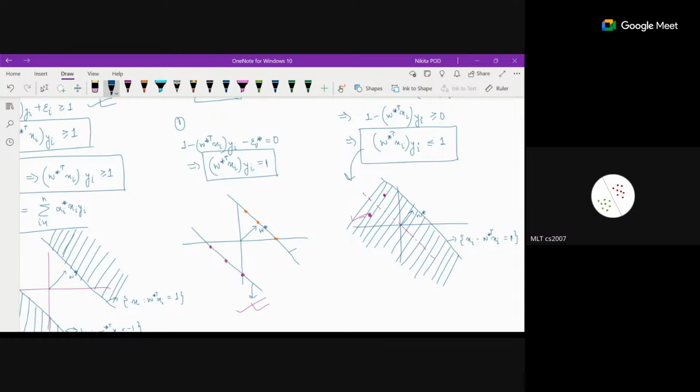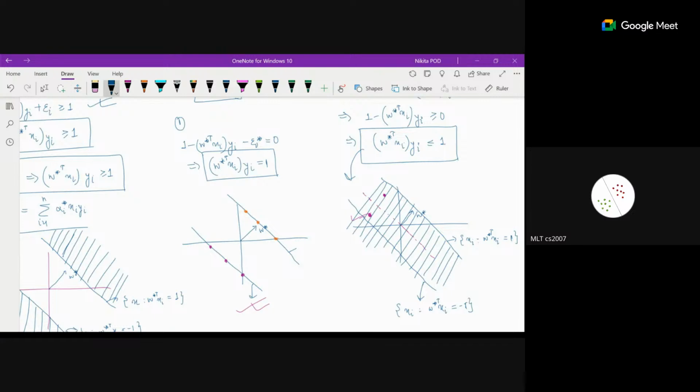But remember that you will also have this, and this will be a set of all xi where your W star transpose xi is equal to -1. Okay.